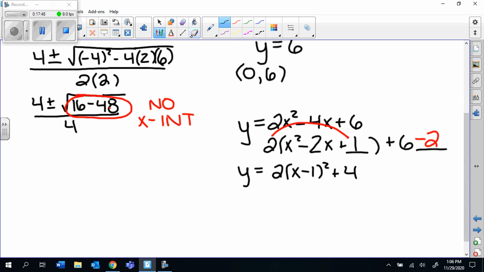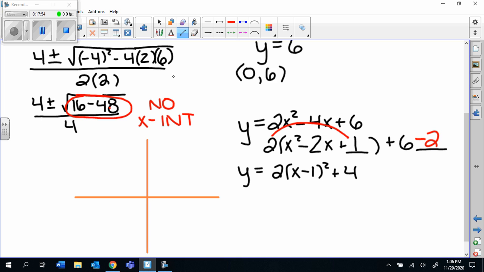So it looks like the graph, oh, that's still orange, so sorry, kind of ugly. All right, so I have plus 1, plus 4: 1, 2, 3, 4. There's the vertex there. I know my y-intercept is 0, 6, so I can just use that as my point of reflection.